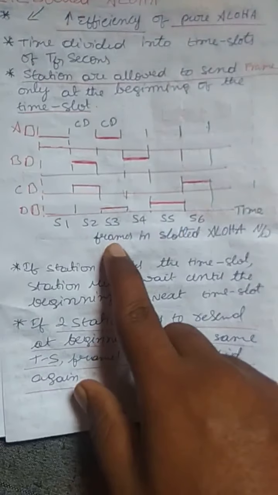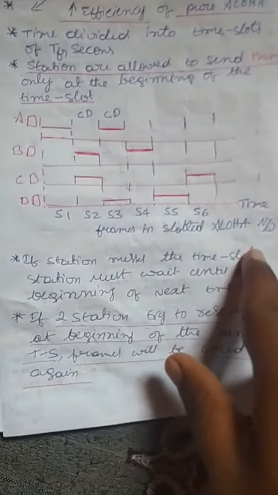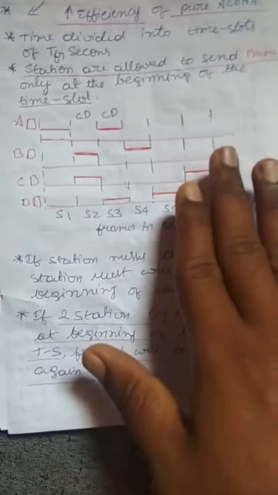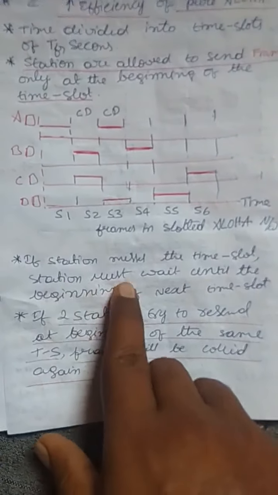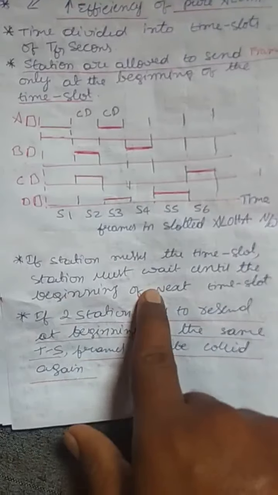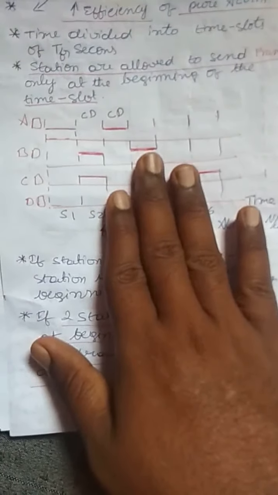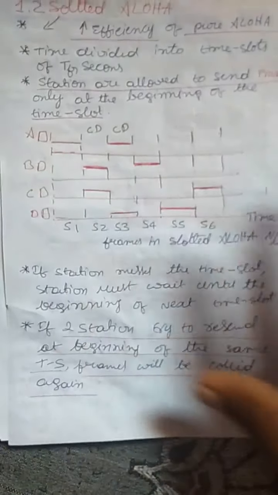If a station misses the time slot, means suppose a station misses sending the data at the beginning of the time slot, the station must wait until the beginning of the next time slot. In the first slot some station may miss sending data, so it should wait to send its frames for the second slot.